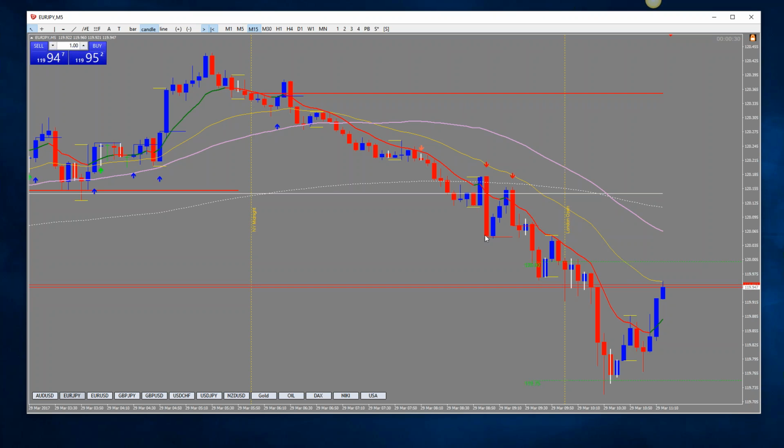So here we have right here. Now this one, the bid and the ask, I don't know if it did or didn't, but if the bid and the ask had closed below the, no, it wouldn't have. It would have only been the bid, not the ask. So this would have been a no trade.